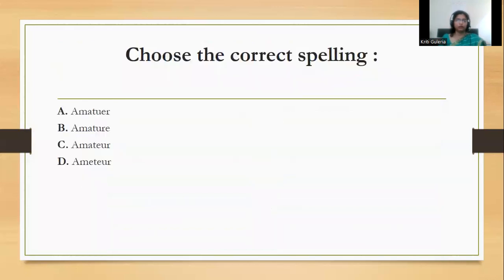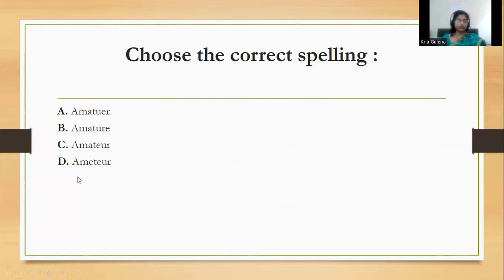Now, with this, we come to a few questions, the kind of questions that might come in any of your competitive examinations. If you have read the rules, if you know where to drop a letter, where to add a letter, which word will replace what, then it will become easy for you to ascertain. Now, our first question is, choose the correct spelling.